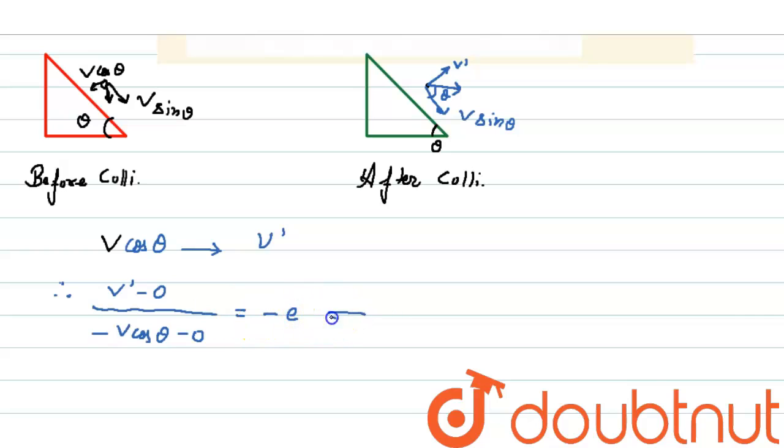That is, v dash is equal to e v cos theta.